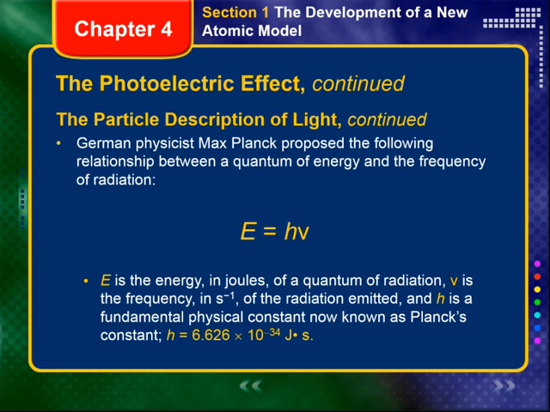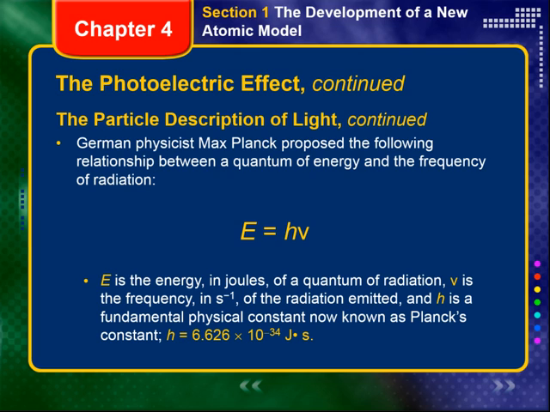In the equation, E is the energy in joules of a quantum of radiation, nu is the frequency of the radiation emitted, and h is a fundamental physical constant now known as Planck's constant. h, Planck's constant, is equal to 6.626 times 10 to the negative 34th joule seconds.